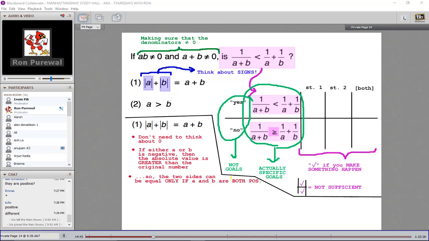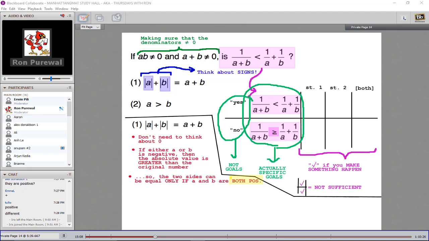You'll see a lot of this in number properties. A lot of what we call number properties in these problems is just them telling you things in ways that are very, very indirect. Like in this case, this is a hugely indirect way of just telling you that A and B are positive. Okay. What do we know about these now?